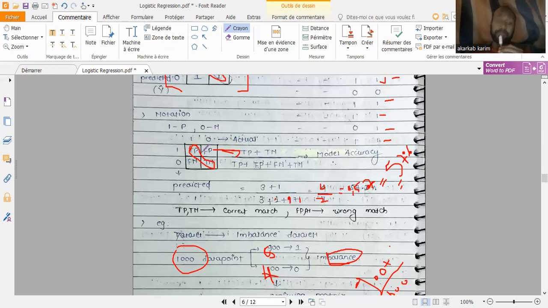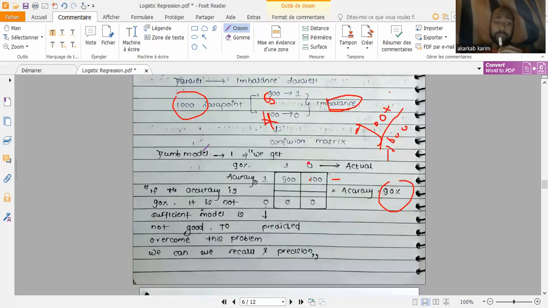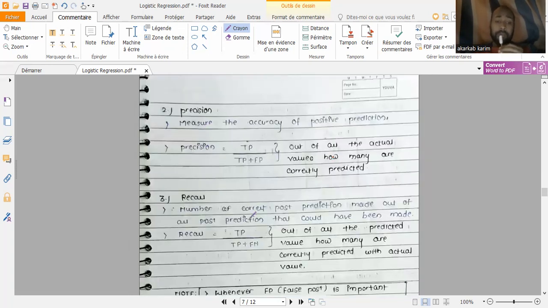This is precision. And we also have another formula called recall: the number of correct positive predictions made out of all positive predictions that have been made. So recall is true positive divided by true positive plus false negative. Out of all these predicted values, how many are correctly predicted with actual values?